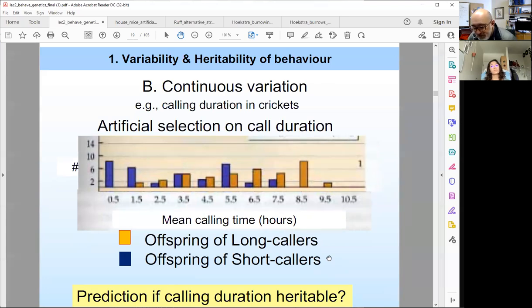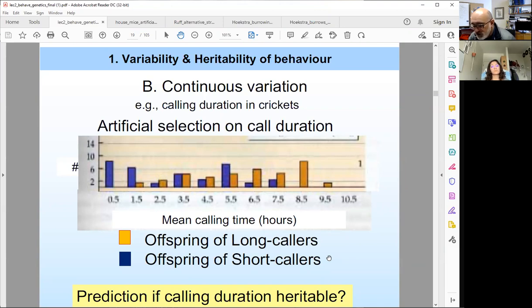And so if parents with long calls, in this case, can produce offspring that also have long calls, then that indicates that the trait is heritable, right? That the parent is able to confer or bequeath the behavior to its offspring through its genes. So that suggests that it's a heritable trait.